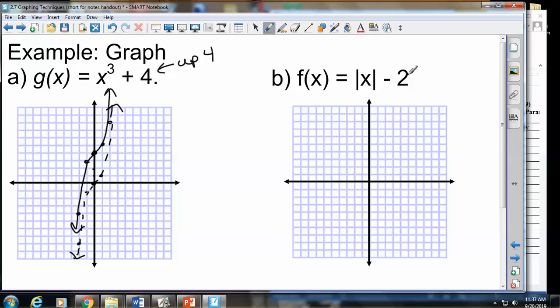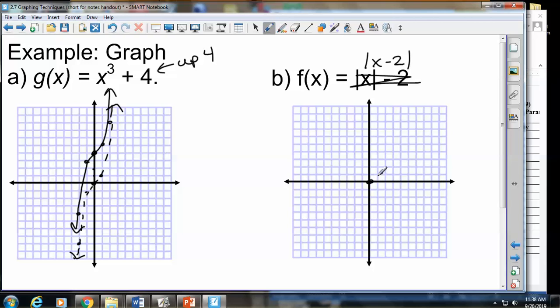I'm going to change the, let's do it like this. Let's do the absolute value of x minus 2. Let's switch the problem up. What's the absolute value?